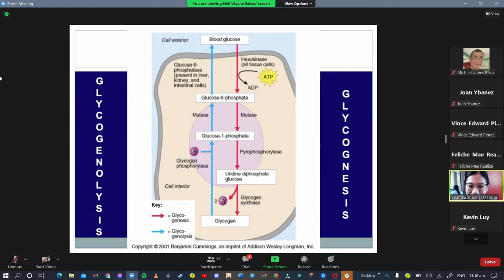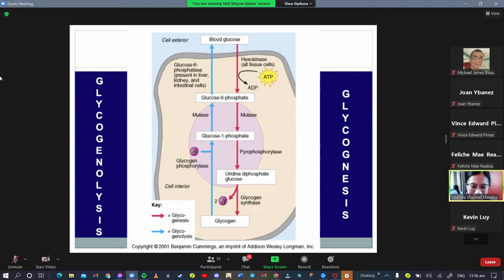At first, Doc, in the book, I was really confused with the pyrophosphorylase. But I just realized that the glucose 1-phosphate will become UDP-glucose. Here it will interact with pyrophosphorylase and UTP. So there's an additional UTP here.